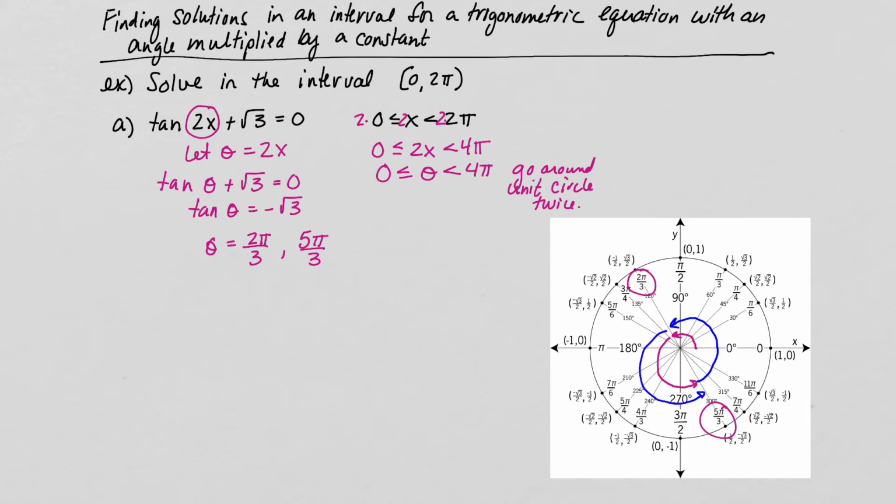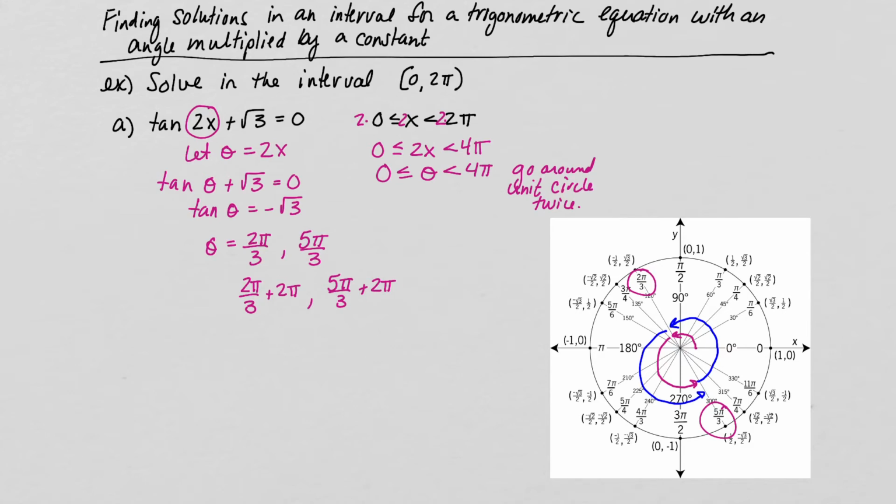So the second go around, I'm stopping at the exact same place, but I've essentially gone around the circle once. So I go all the way around once and then I stop. So the second places here are going to be 2 pi over 3 plus 2 pi and 5 pi over 3 plus 2 pi.